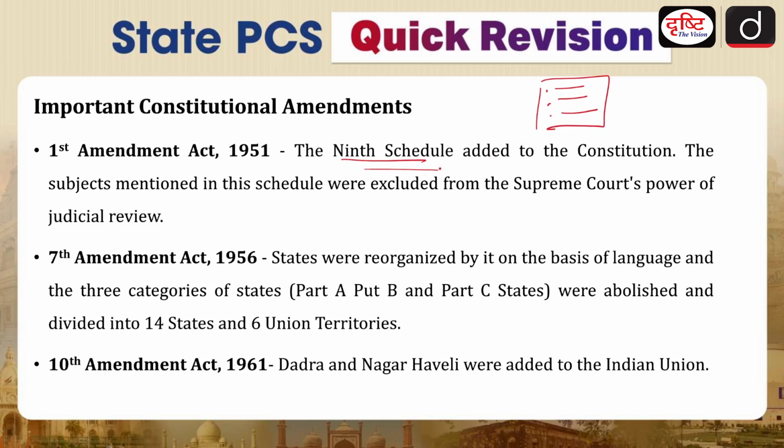But after Kesavananda Bharti, it was said that those acts which have been added after Kesavananda Bharti will be subject to judicial review, and this precedent was set in the I.R. Coelho case. Please remember that.